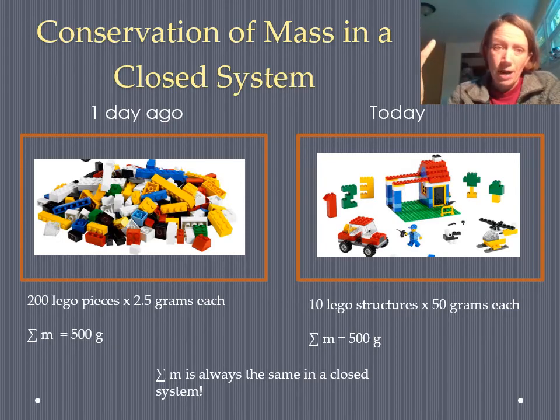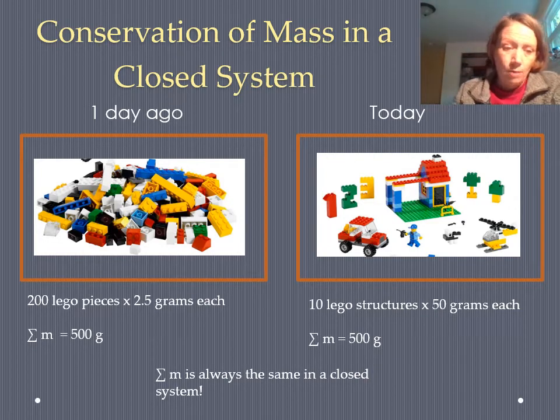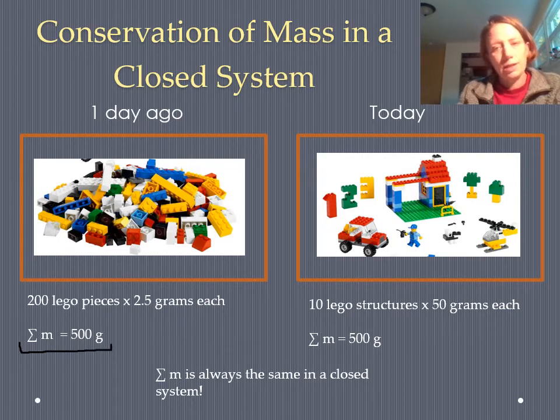Each one of them had a mass of about 2.5 grams. So if I wanted to know how much mass was in my system a day ago, I could calculate sigma m, which would be about 500 grams. Today, I could look at the same Legos and my kids would have built amazing inventions out of those Legos.